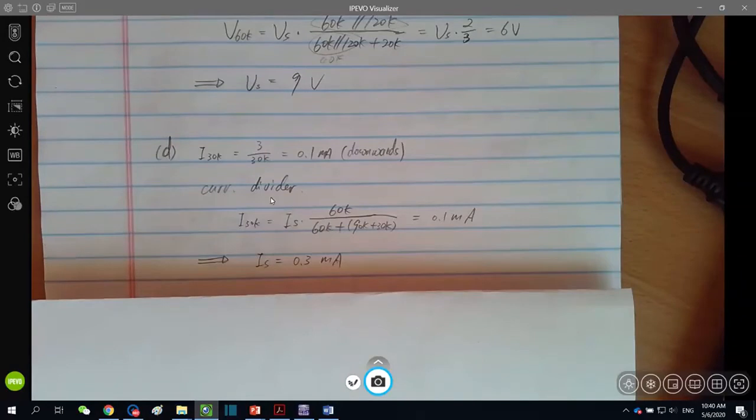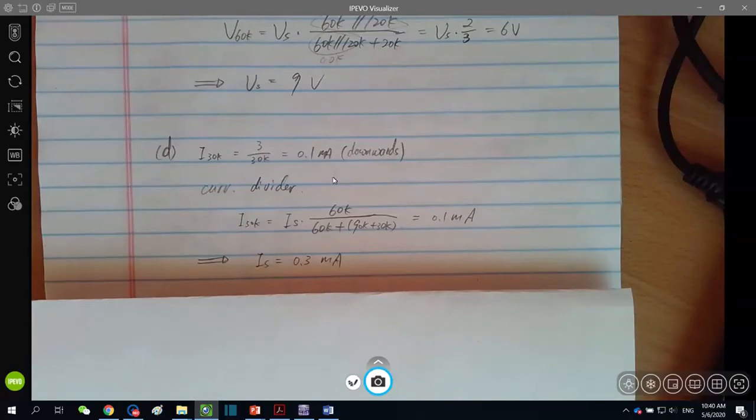And then by one current divider here, we can find this current is also equal to total current times the ratio. The numerator is the other branch, which is 60K. The denominator is the sum of 60K and this branch, which is a series connection between 90 and 30K. It equals 0.1 milliampere, which we obtained from up here. From this equation, we can find IS equals 0.3 milliampere.